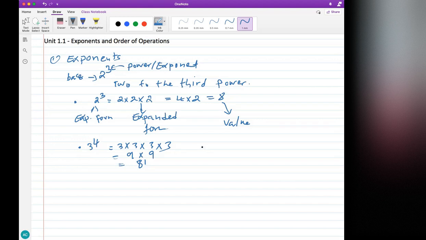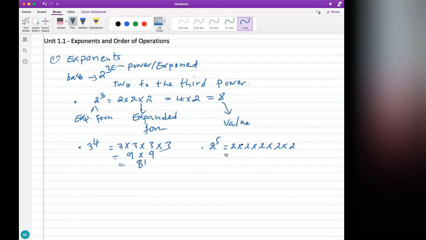And it could even be something longer than that. So we have 2 to the fifth power. Again, what is the expanded form of this expression, 2 to the fifth? We're going to multiply 2 by itself. How many times? 5 times. 1, 2, 3, 4, and 5.